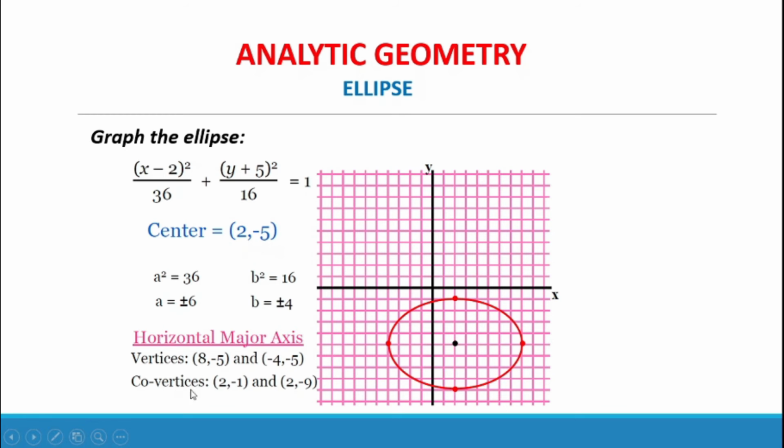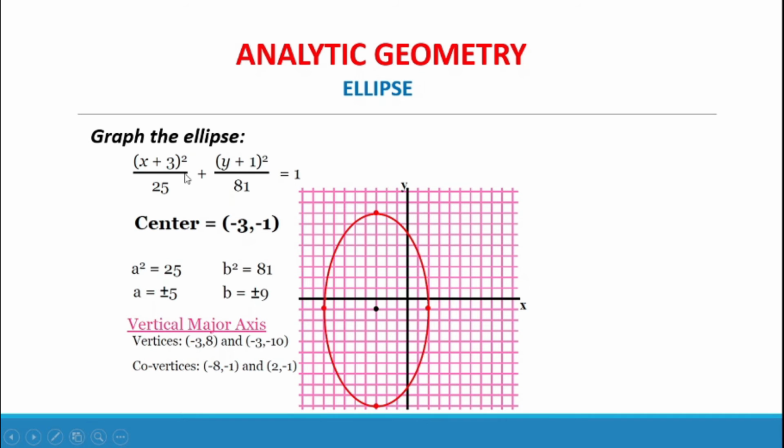And for the co-vertices, we have (2, negative 1), since negative 5 plus 4 is negative 1. And the other co-vertex is (2, negative 9), since negative 5 minus 4 for b is negative 9.